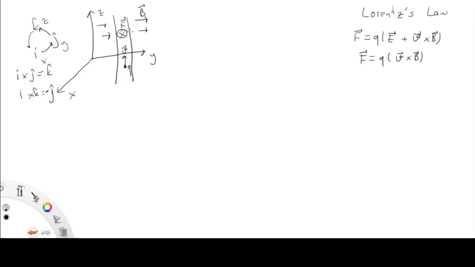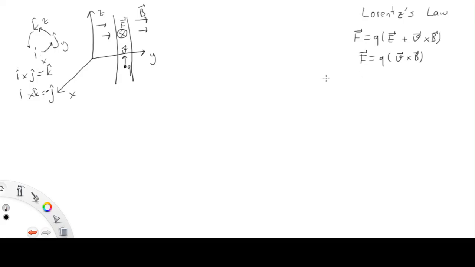Well, when a current passes through a wire, it would have a lot of charge carrying particles like electrons. It won't be one electron. There will be maybe millions or billions of electrons or charged particles.